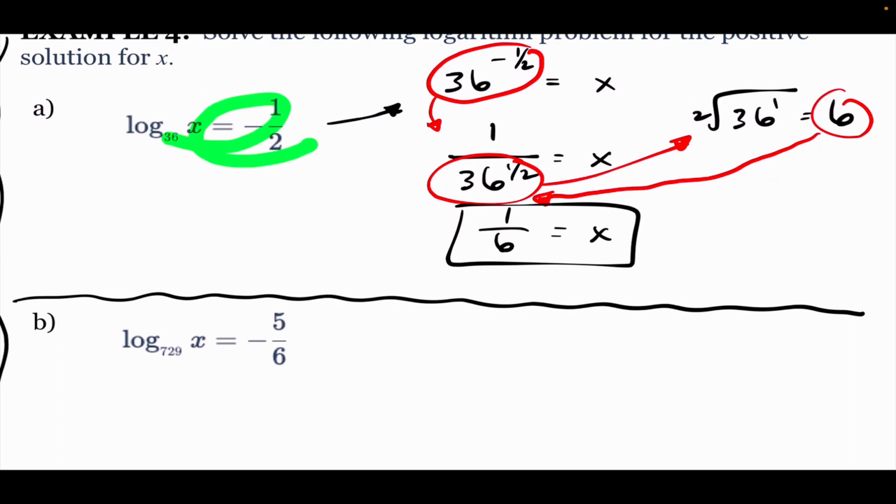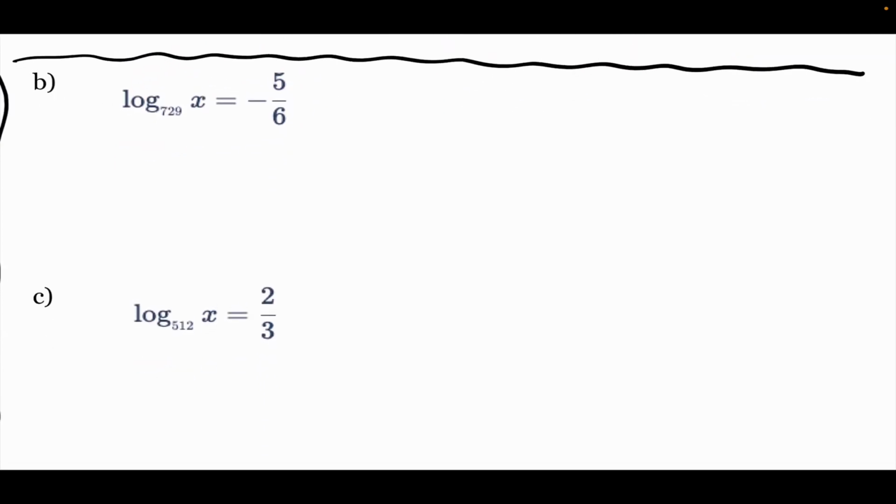Letter B. I'm missing the answer part again. Okay, change it to an exponent. 729 to the negative 5/6 equals x.